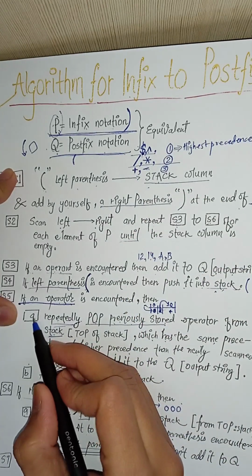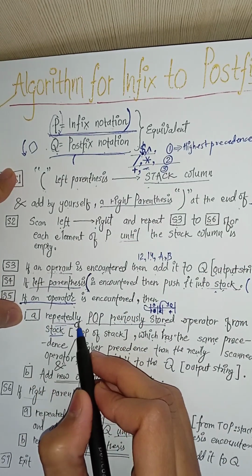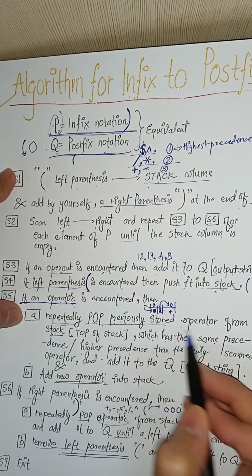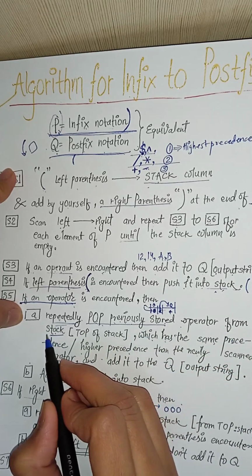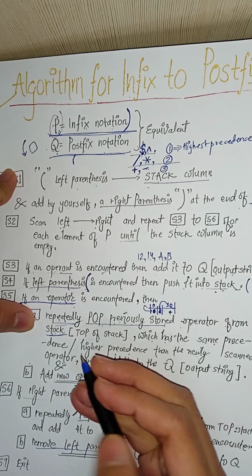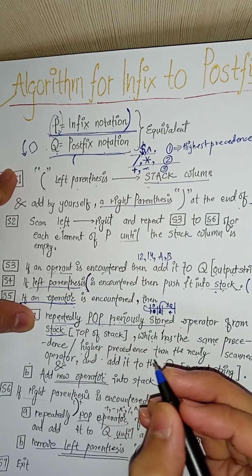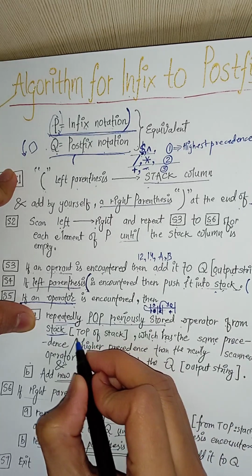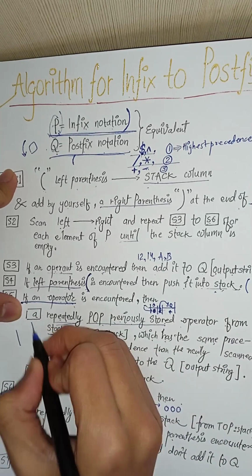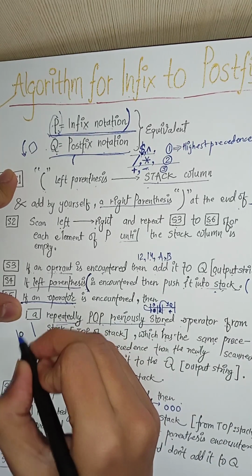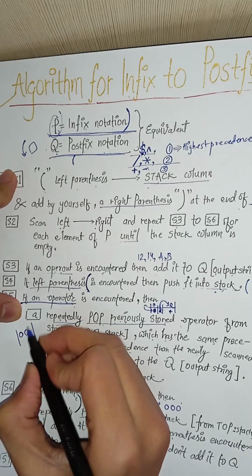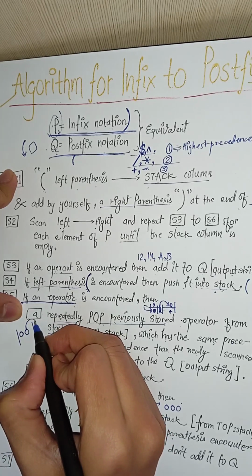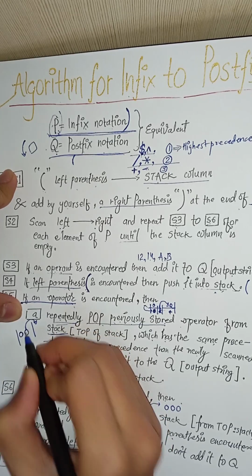Okay, so for an operator, repeatedly pop previously stored operators from the stack. Suppose there is an operator in the stack, you have to remove it from the top of the stack into the queue. But popping has some rules.